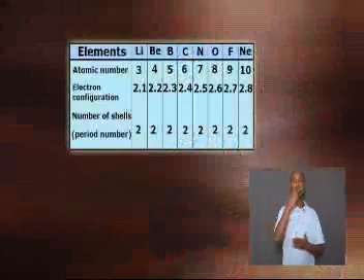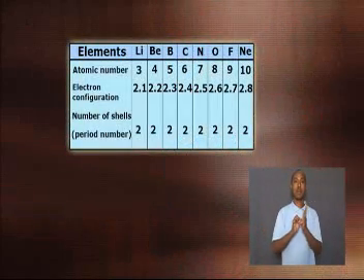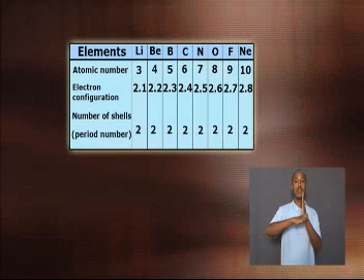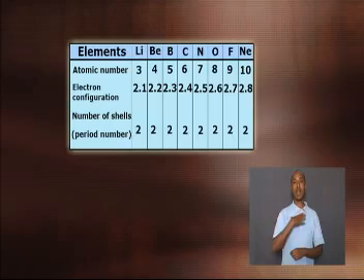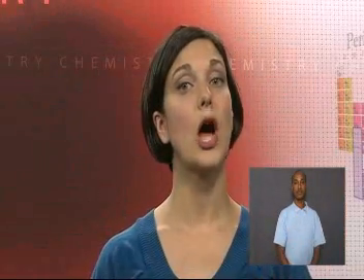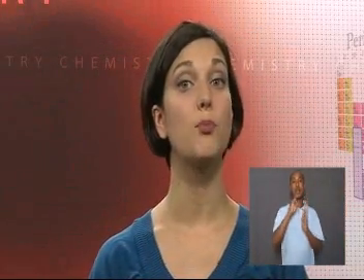This table shows the atomic number, the electron configuration, and the number of shells for period 2 elements. The atomic number is the number of protons found in the nucleus of one atom of an element.